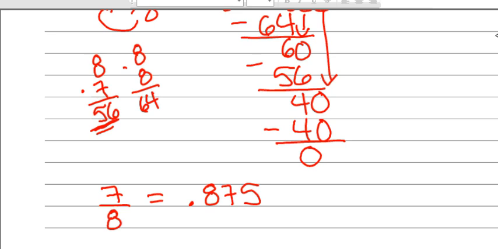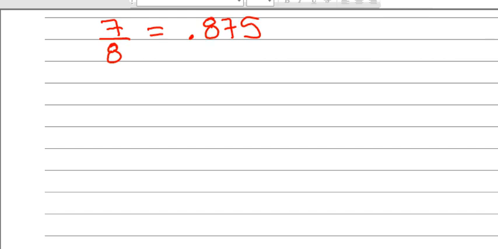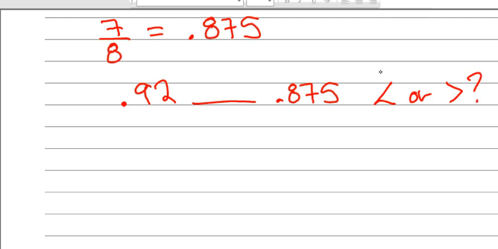So let's go ahead and put that back in the problem. So I've got 0.92. Is that less than or greater than 0.875?